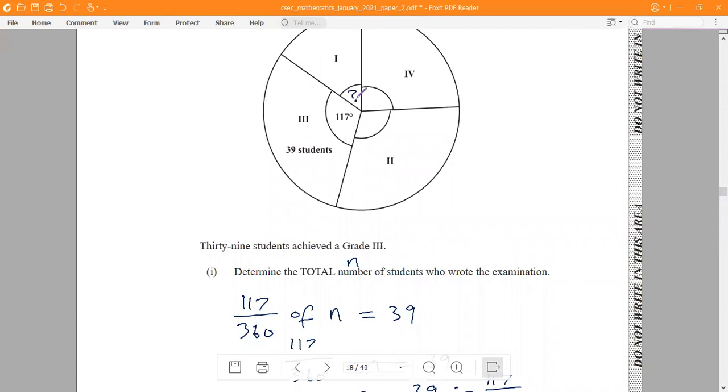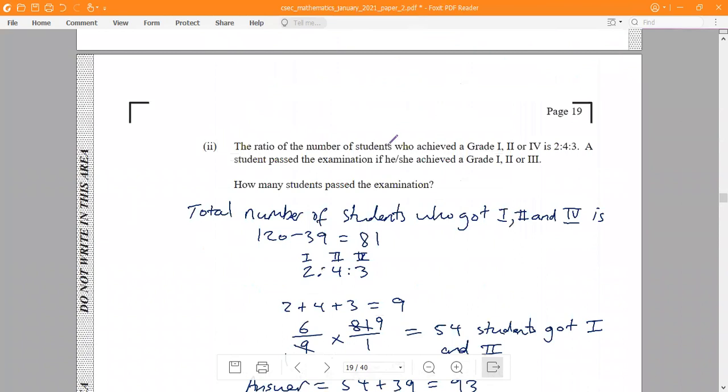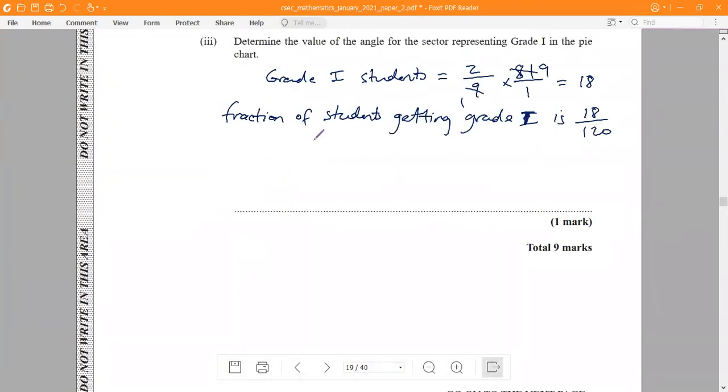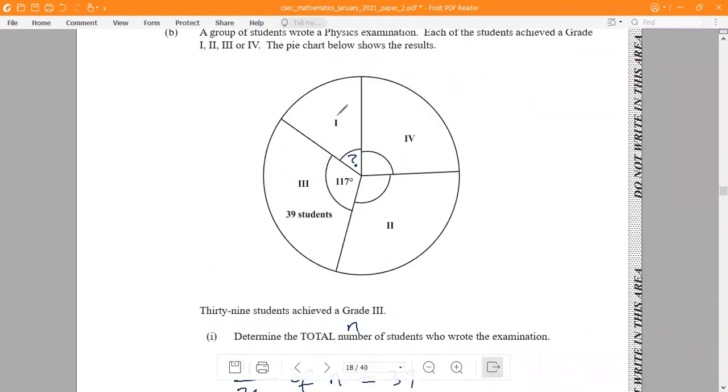How many degrees goes in this sector? So we multiply 18 over 120 by the total number of degrees in our circle, which is 360. We cancel 12 under 12, 1, 12 under 36, 3. 18 times 3 is 54, so we get 54 degrees, which is our answer. So we would write 54 degrees in this sector.